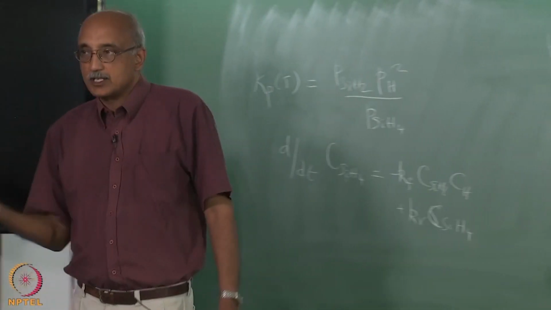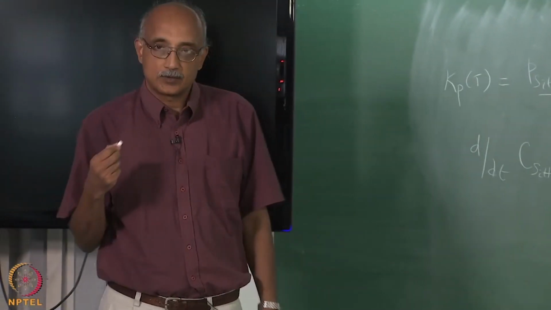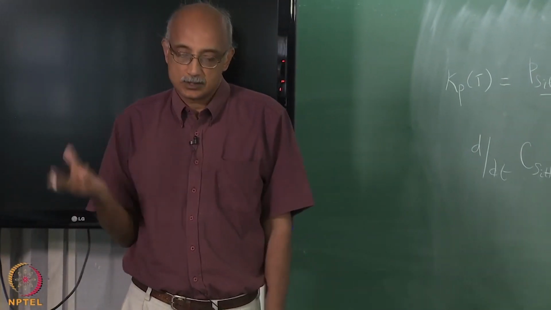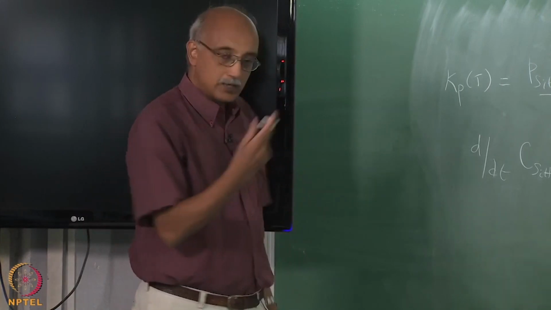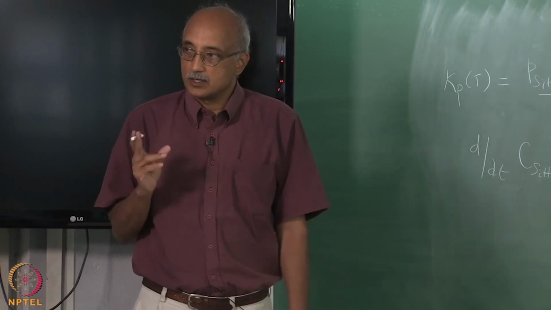So, you have to write it as a rate equation, right, and you have to look at how the concentration changes for a given combination of Kf and Kr.